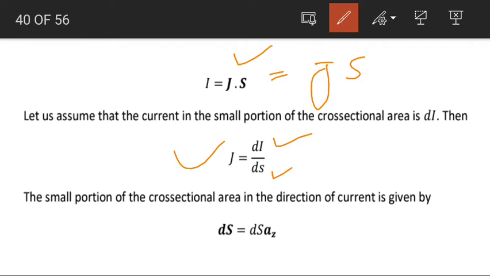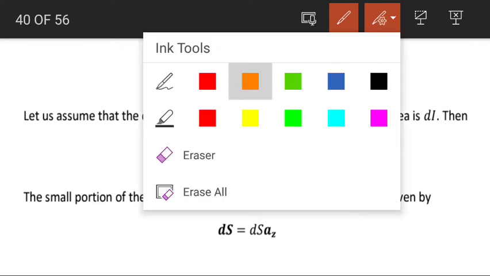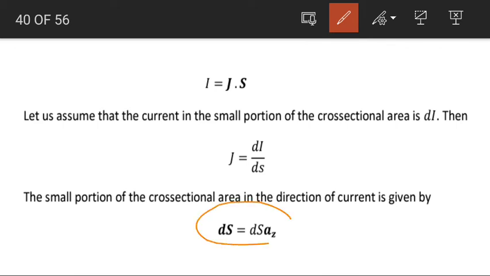The current di by ds will be equal to the current density. So we can calculate the current density with the help of di by ds as well. Now we can represent ds in the form of a vector quantity. The unit vector, which is normal to the small portion of the cross-sectional area of this current carrying conductor, is Az.